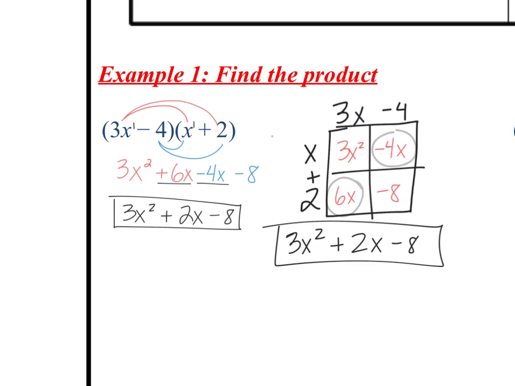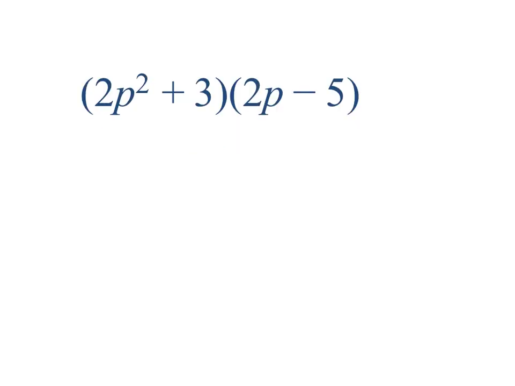Those are your two methods. Either distribute twice or draw boxes. Whatever works for you is great. Do what makes sense for you. Good? Good. Next one.